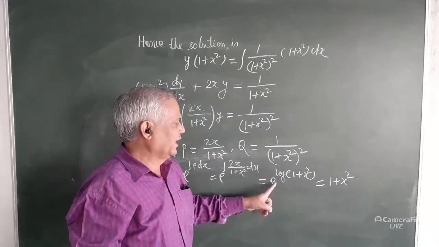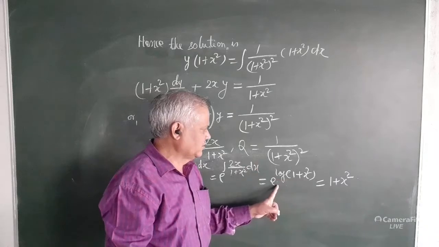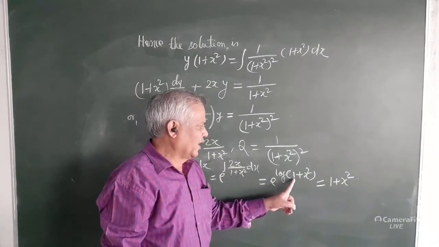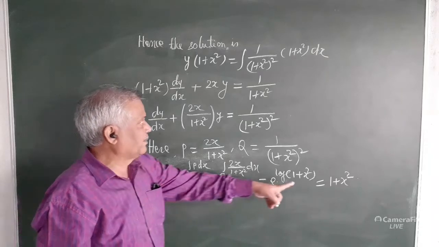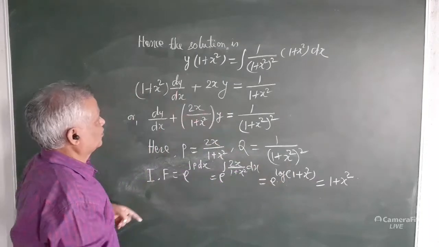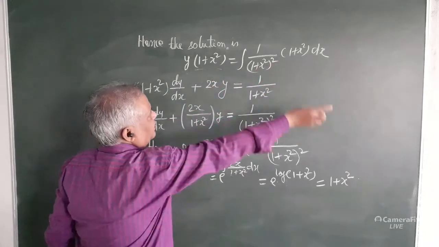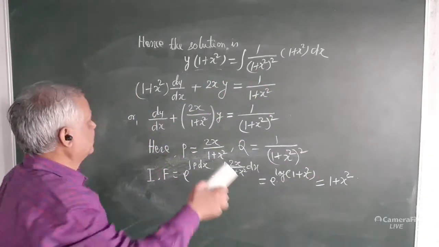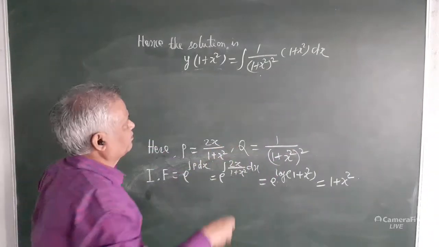E and log, the two are composited, giving us the identity function, so that gives 1 plus x square. So the integrating factor is 1 plus x square, and hence the solution is y into integrating factor is integral of q into integrating factor into dx. Now integrate that part.